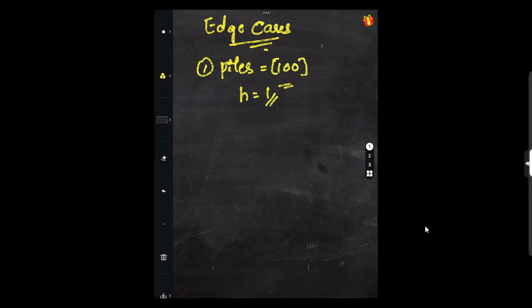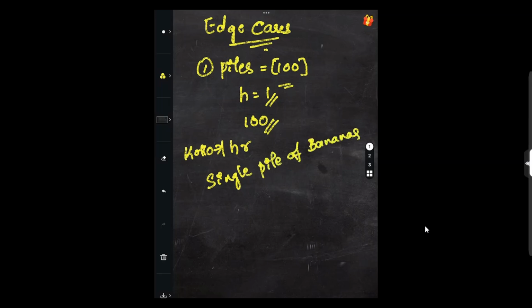So the output will be 100. Why is the output 100? Koko must eat the entire pile in 1 hour. This is for the single pile of bananas condition, so this is the first edge case.